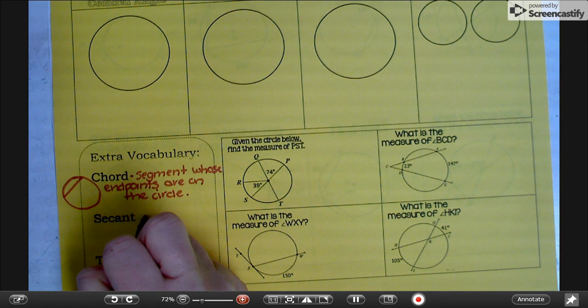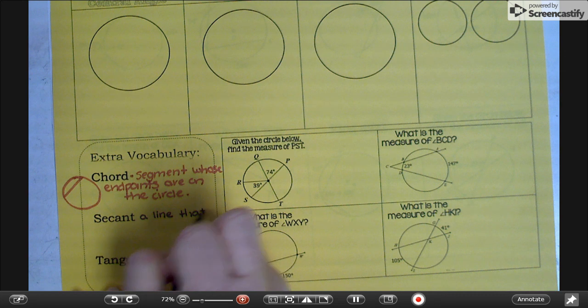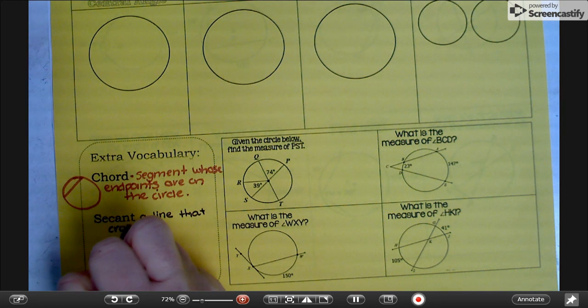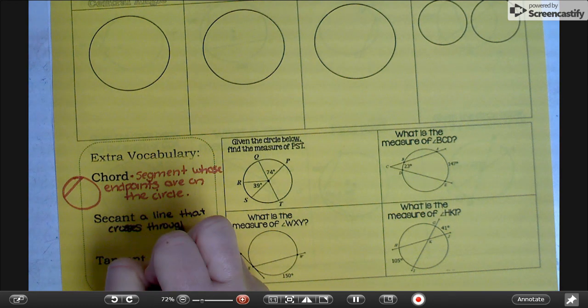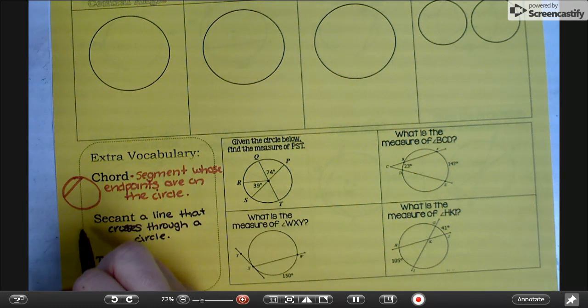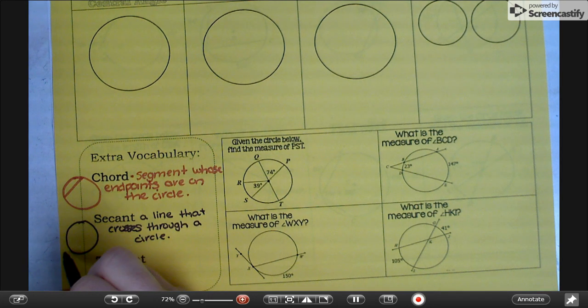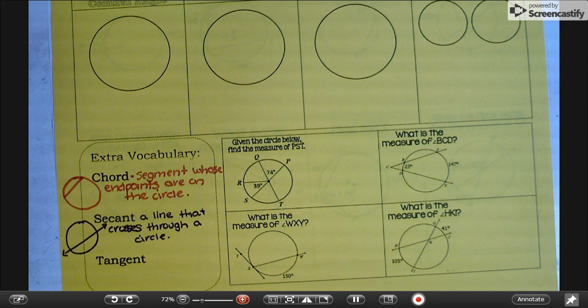A secant is a line that crosses through a circle. So it's like a chord, but it's extended like that. That's a secant. So it goes through the circle.